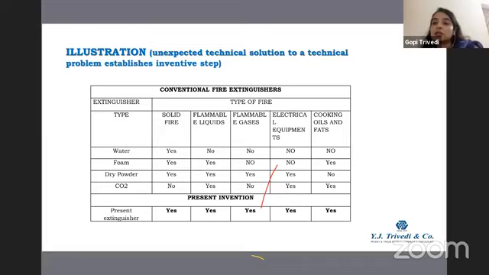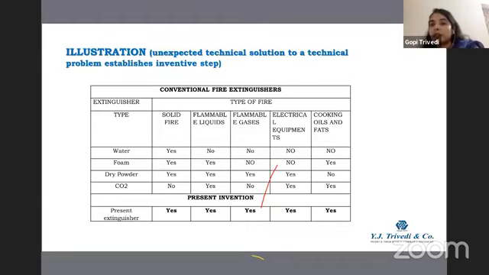So we experimented with all solutions available. There are water-based extinguishers, and dry powder based ones. These categories could solve one or more types of fires, but not all types of fires.